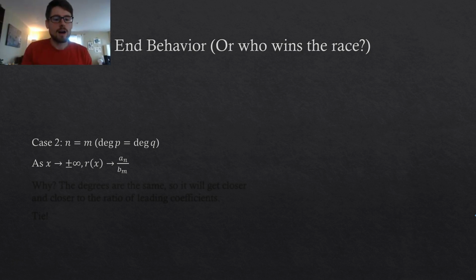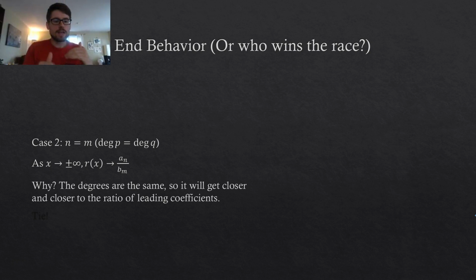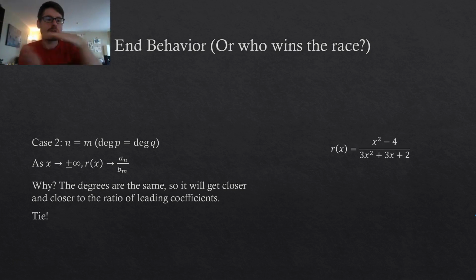Why? Well, the degrees are the same, and so those x's will balance each other out, and you're going to go to the same value for those, so it's really just those numbers in front of the x's that matter. And so when they tie, you're going to go closer and closer to that ratio of leading coefficients.